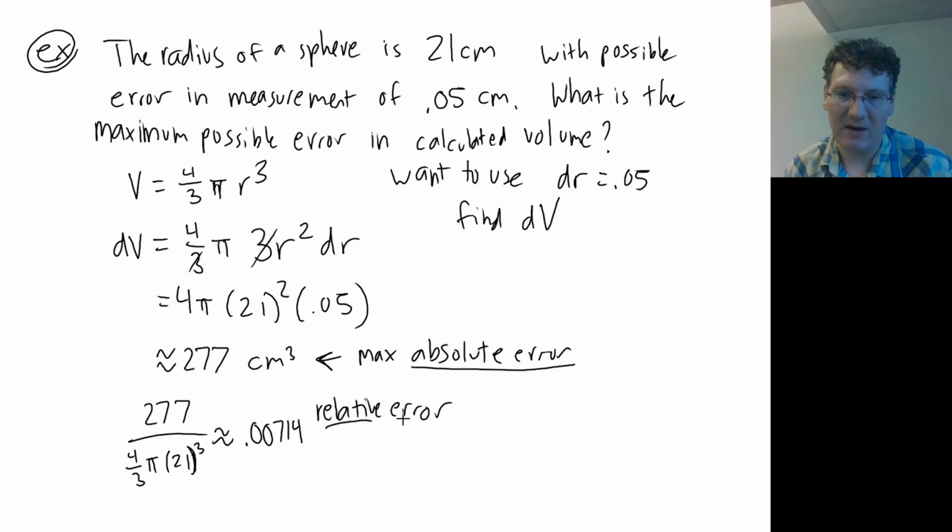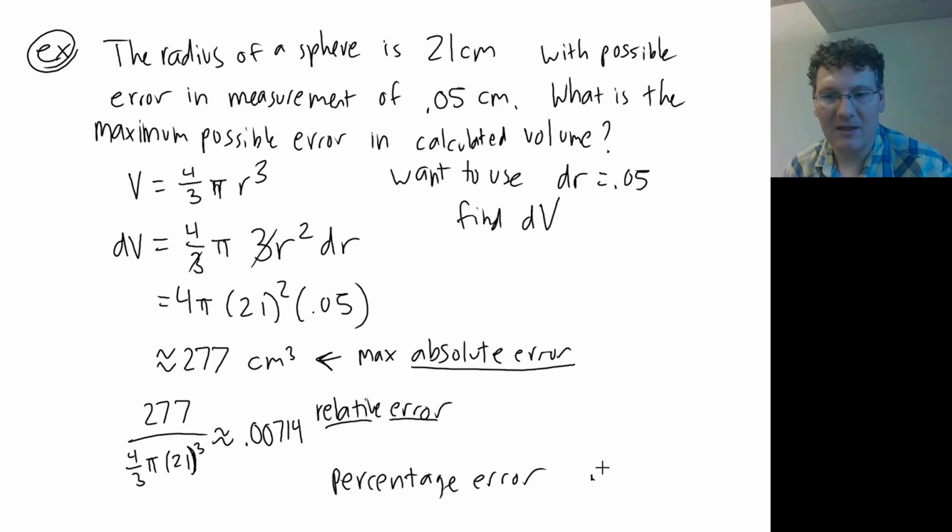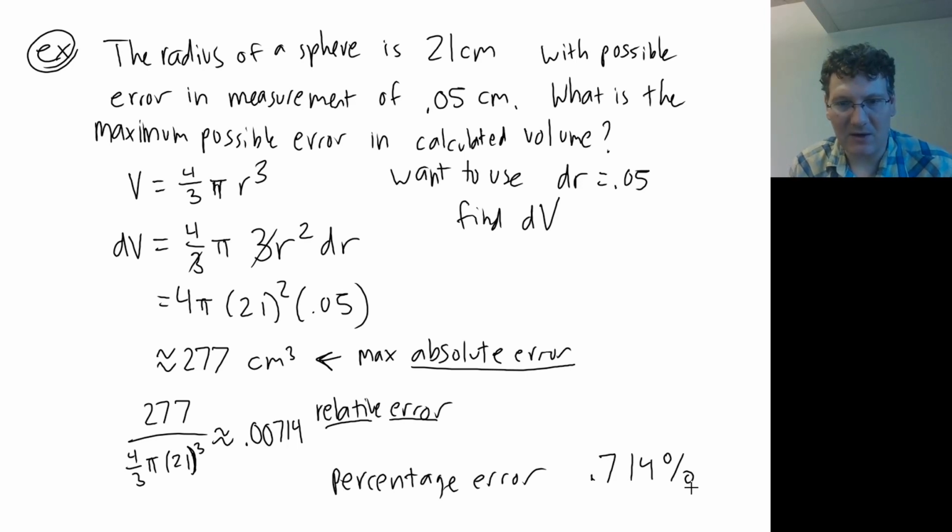That'll be the maximum relative error. For the percentage error, you just move the decimal place 2 places to the right, so it'll be 0.714%. Although that seems like a large absolute error, it's good to put it in terms of how it is relative to the value you're approximating, which is actually pretty small relative to the volume when the radius is 21.